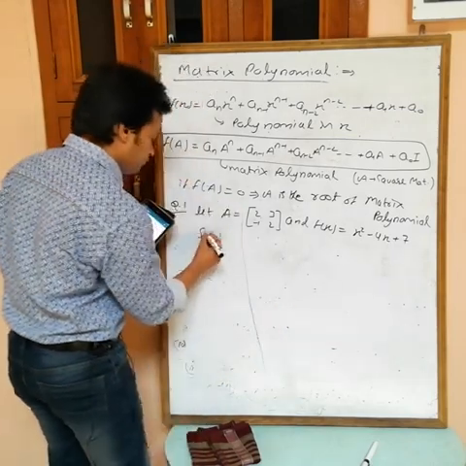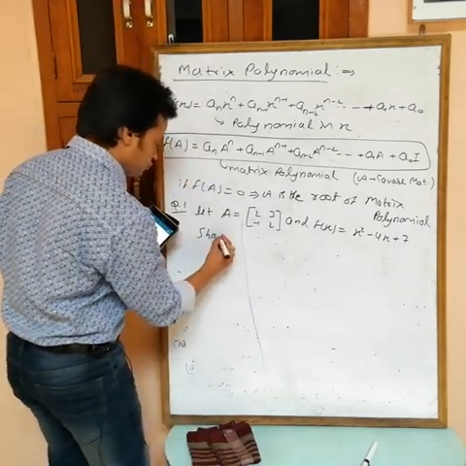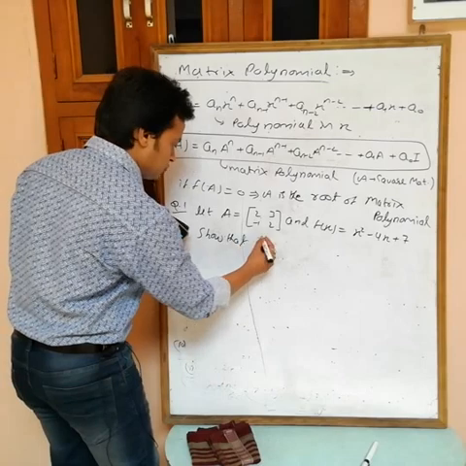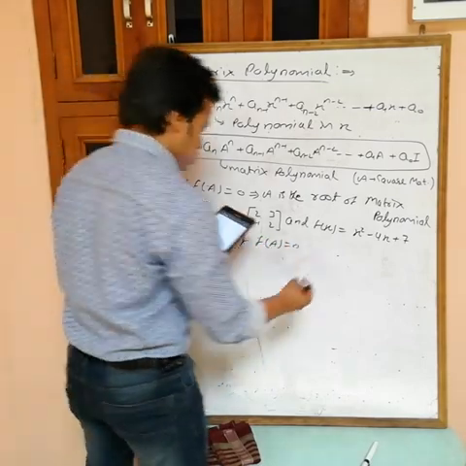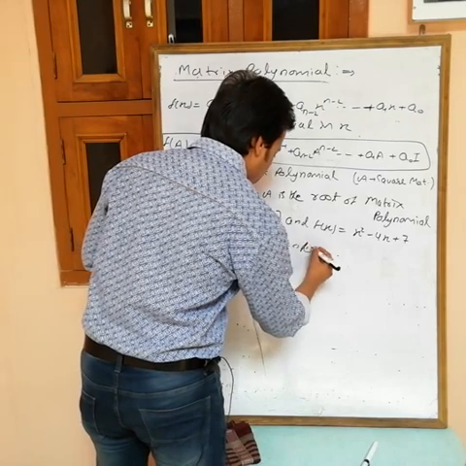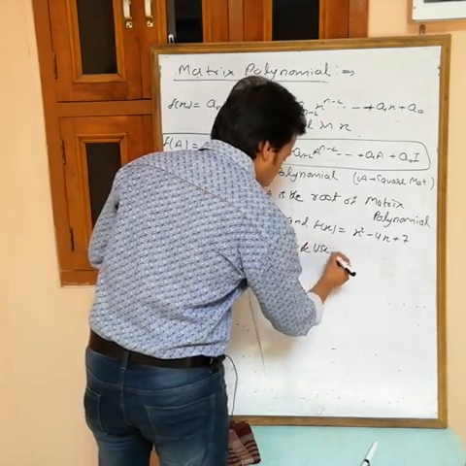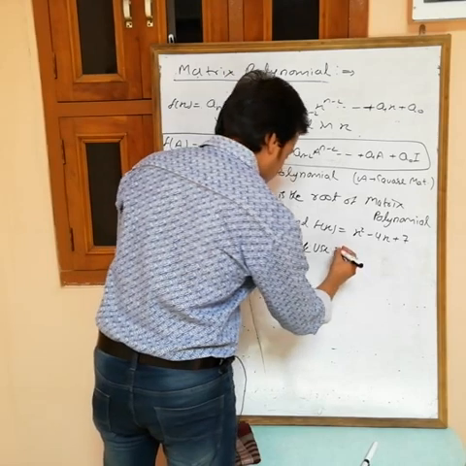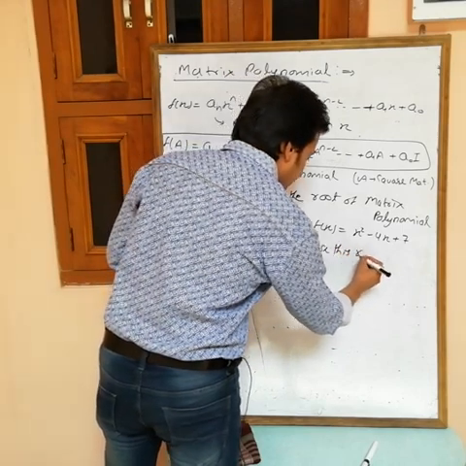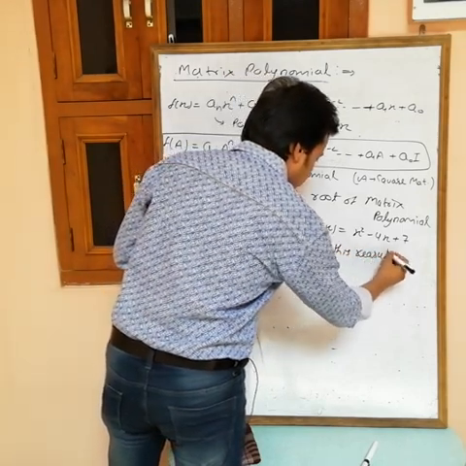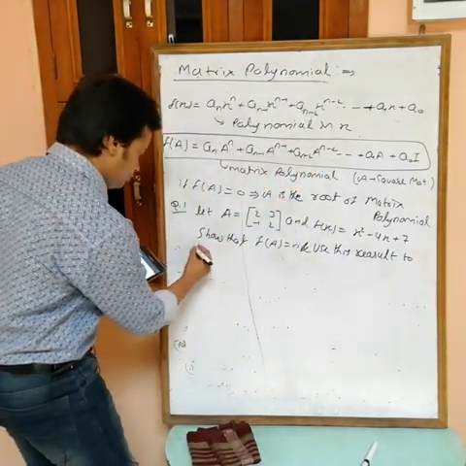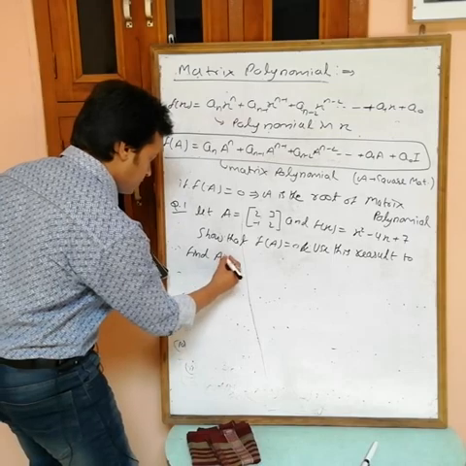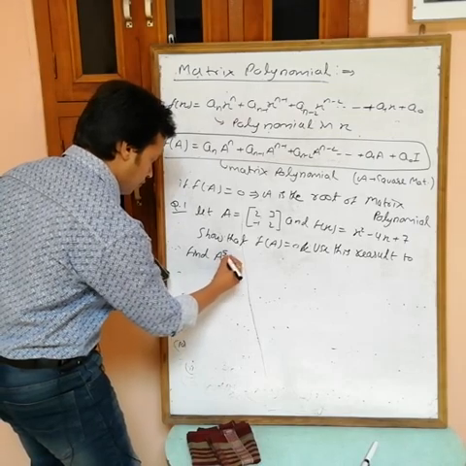Show that f(A) is equal to 0, and use this result to find A^5.